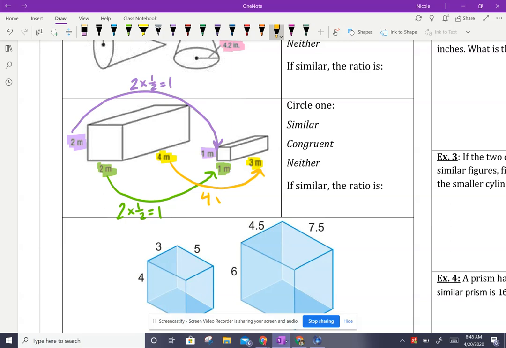So 4 times what is going to give me 3? Well, that's going to be 3 over 4. So we need to look at what we are multiplying by in each one. If they were all the same, then these are similar, but I have 1/2 and 3/4. So I'm not multiplying by the same thing at all. So these actually would be neither. They are neither similar nor congruent.